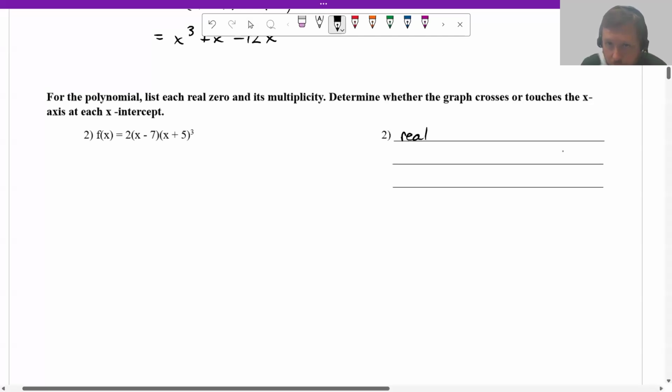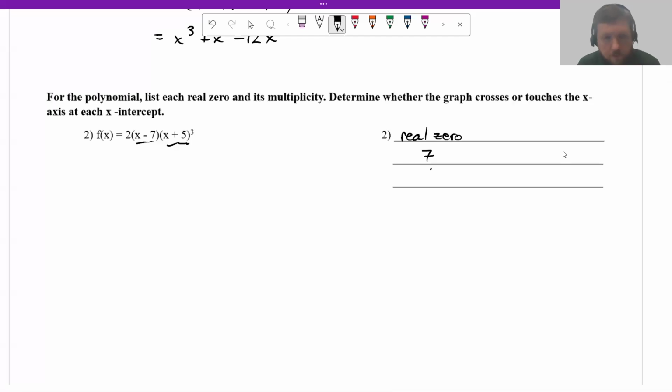So real zero: from this, I have 7. And then from this, I have -5. And if you have any issues with that, you can always just use the zero product property, set it equal to 0, solve for x.